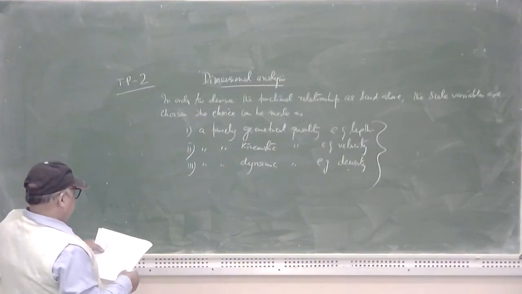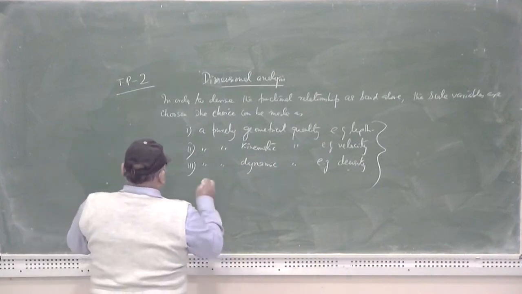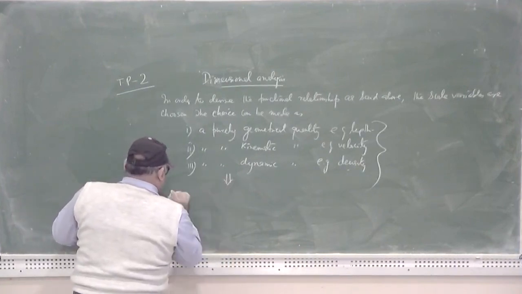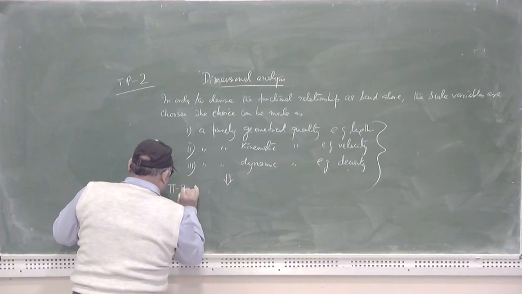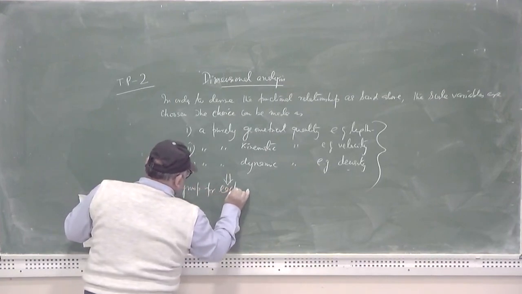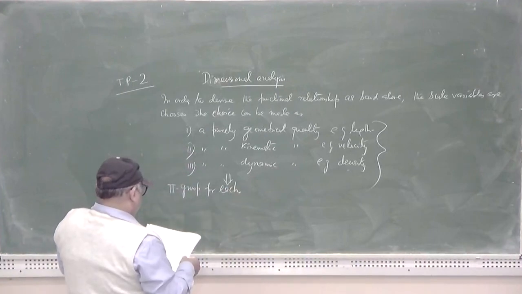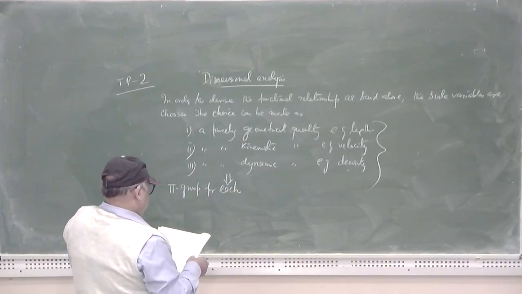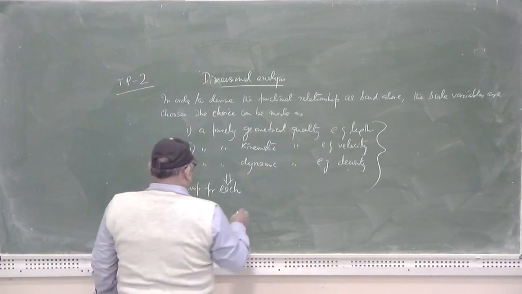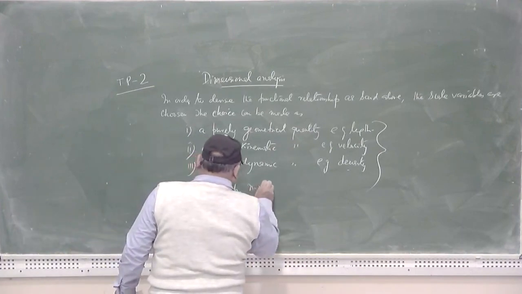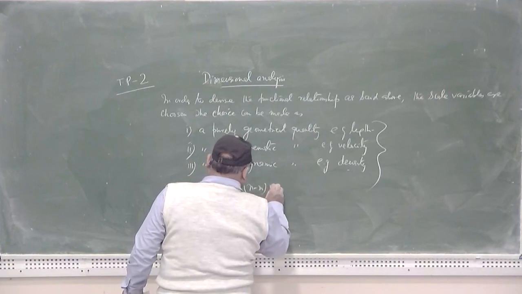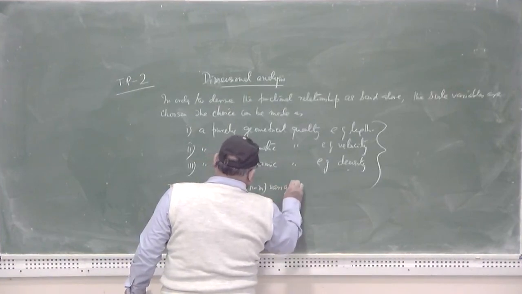Now, once you have selected the scale variables, the pi groups can be formed for each of the n minus m variables left.